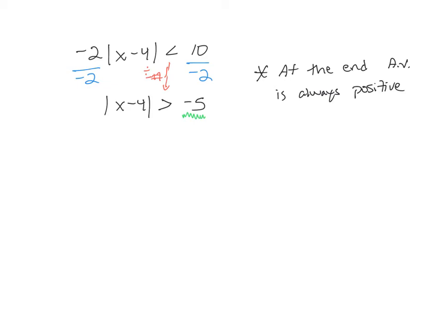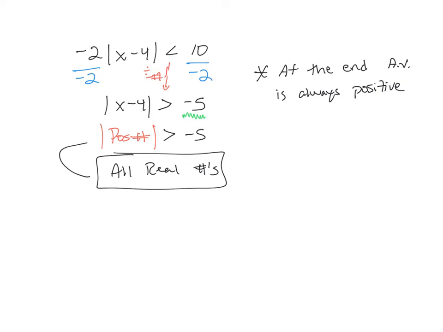So no matter what, this is going to be a positive number that comes out of the absolute value. And so when we look at this one, no matter what, this positive number is going to be greater than -5 every single time, no matter what.